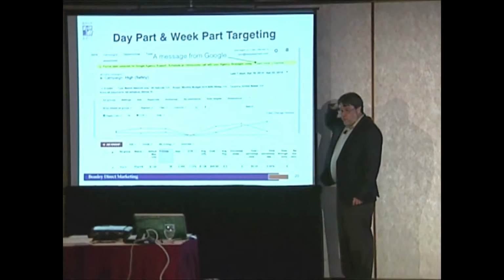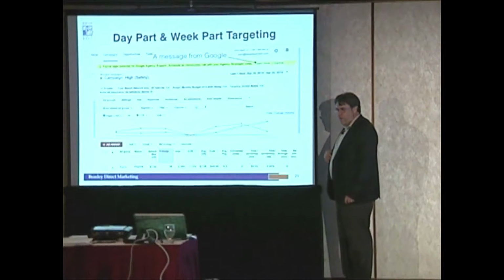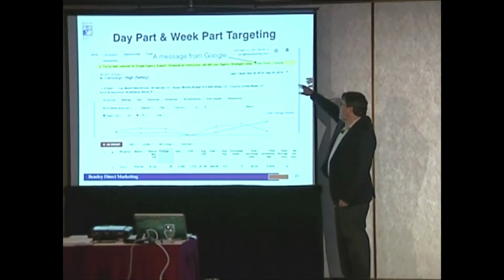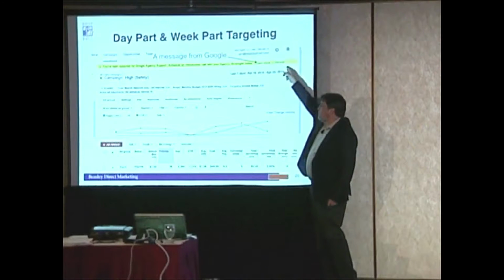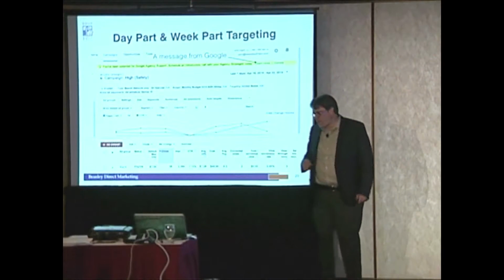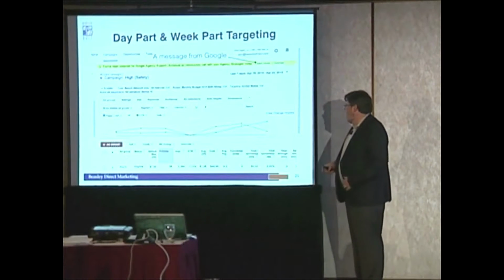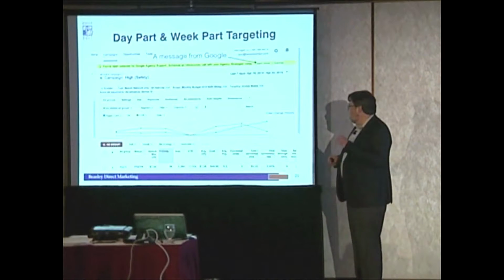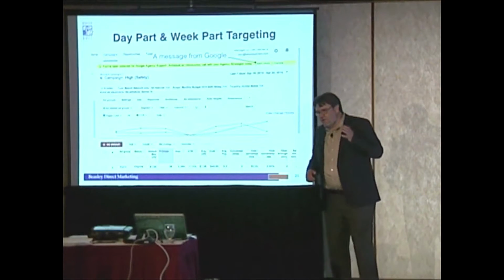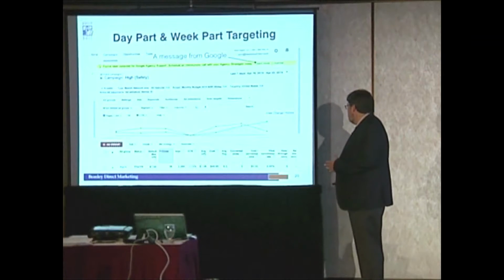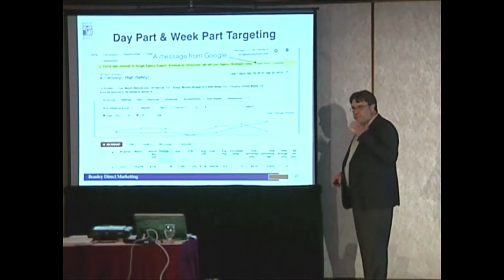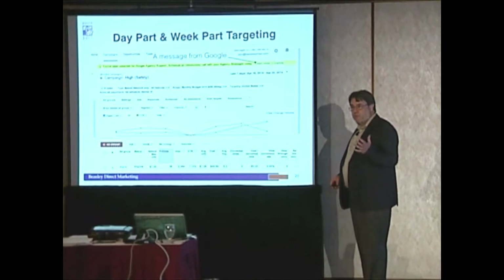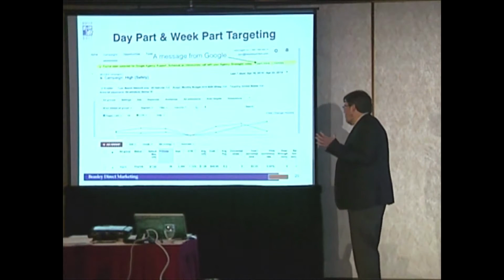Just FYI, I grabbed this screen grab from a beginning class in SEO. Google always will tell you messages across the top of your interface there. That's what that is. So I did some segmentation of my campaign to try to understand how people were interacting with my customer's website here.